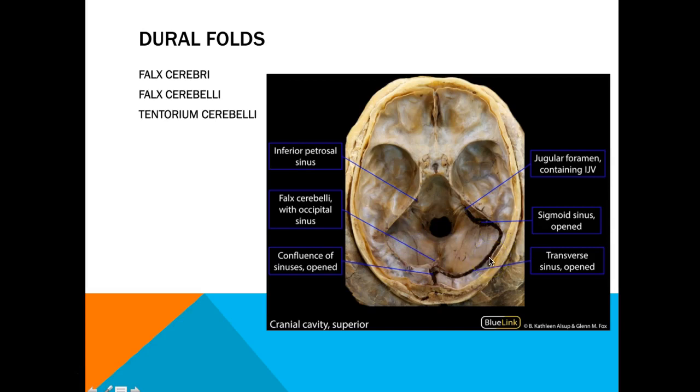The reason I put this image in here is to show you the falx cerebelli down in here. And the falx cerebelli separates the right and left hemispheres of the cerebellum. So careful not to get these two first terms mixed up. Falx cerebri divides the right and left hemispheres of the cerebrum. Falx cerebelli divides the right and left hemispheres of the cerebellum.